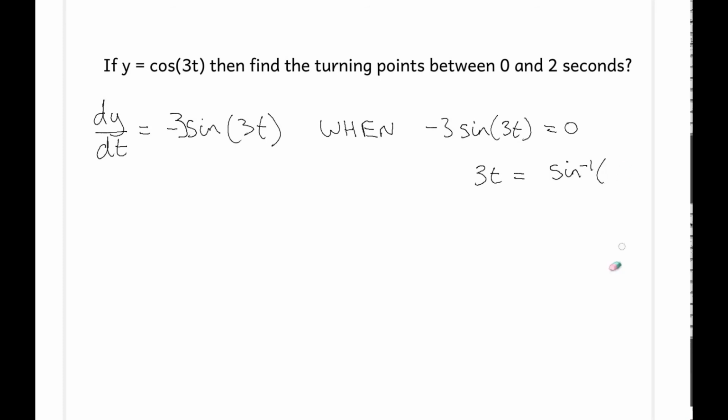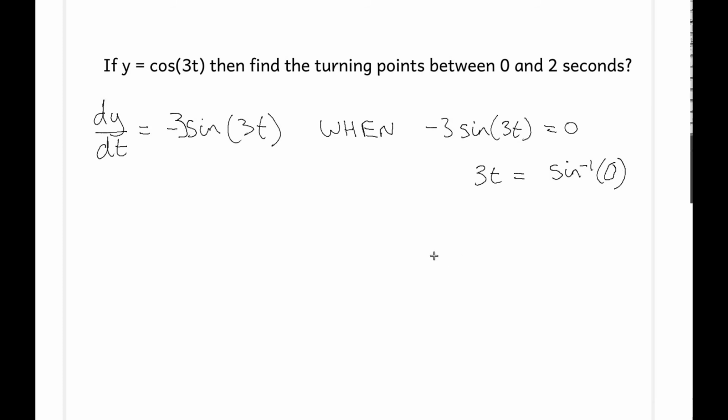Okay, so sine is 0 when the angle is 0 or pi.